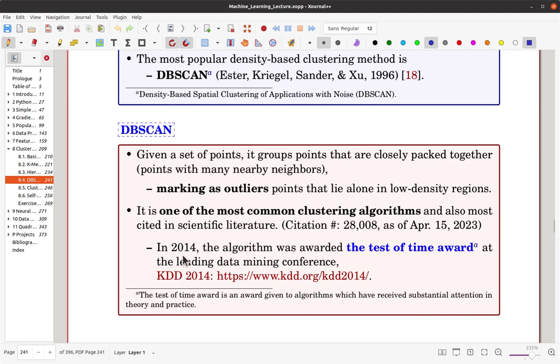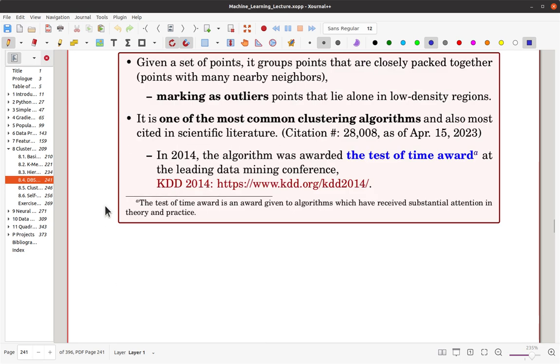In 2014, the algorithm was awarded the Test of Time Award at the leading data mining conference, Knowledge Discovery and Data Mining. It's a really good algorithm.